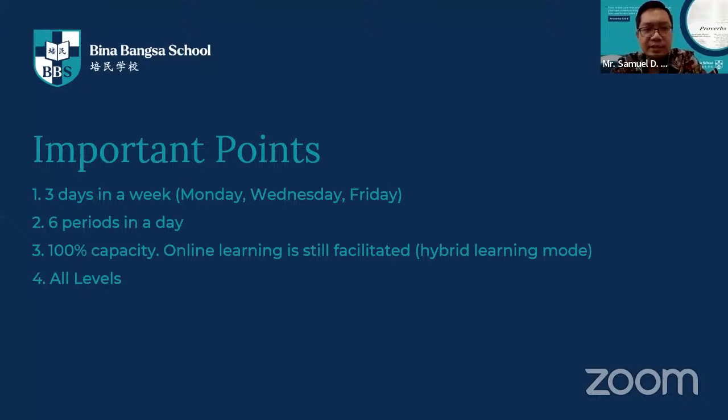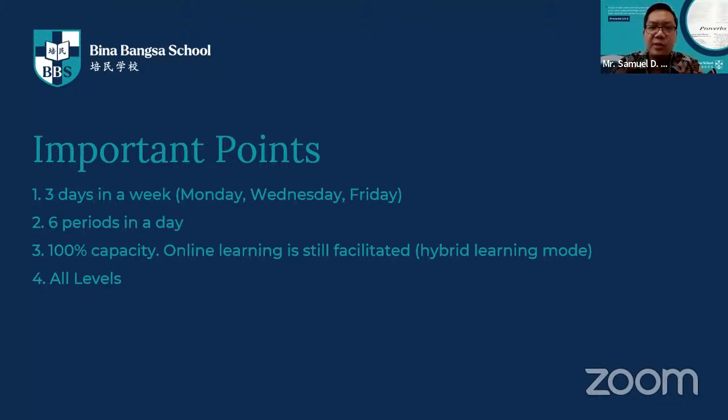One is this. We will do the hybrid learning. When I say hybrid, meaning that you will report to school in the morning and continue with HBL in the afternoon. We will do that mode 3 days in a week, that is on Monday, Wednesday, and Friday.